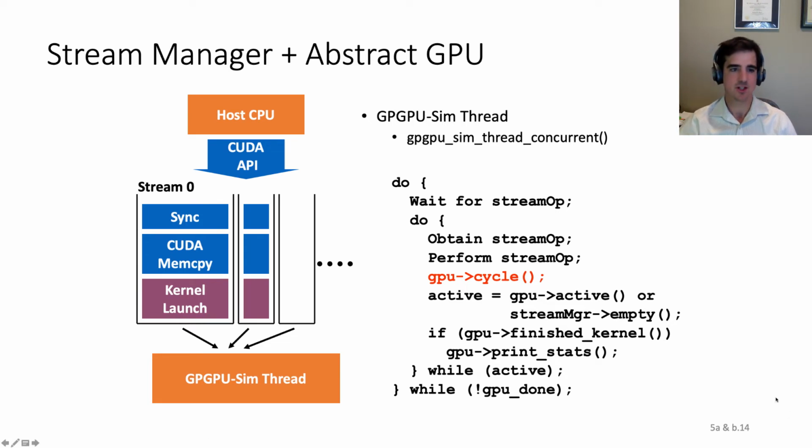Okay, so in the simple case where you're just using one stream, forget about these other queues for right now. If you're just using one single stream, you may have a synchronization operation, so that would say that you had to wait, and then you may have a CUDA mem copy, or I'm sorry, it's going the other way. So you have a kernel launch here that gets pushed into the stream first.